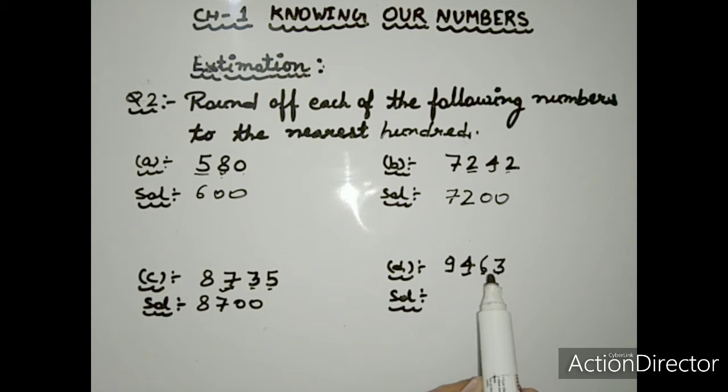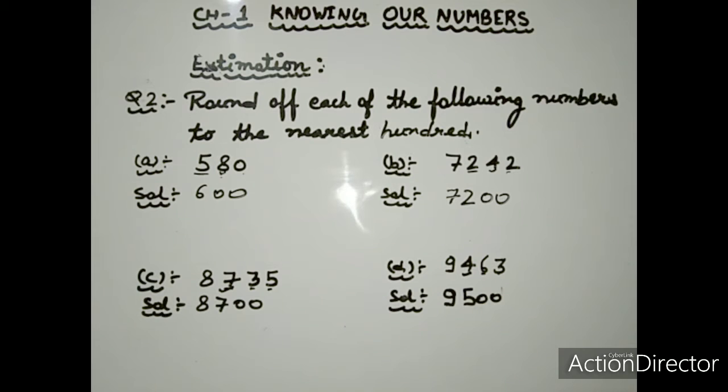The rule of nearest 100 says that if the digit on the right-hand side is greater than or equal to 5, then the digit on the required place increases by 1. So here we add 1, 4 plus 1 is 5, and the other digits are replaced by 0. So the number 9463 is nearest to 9500. Use the same method to find the numbers nearest to 100.